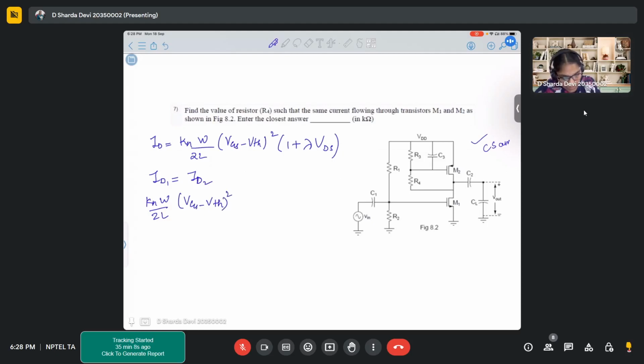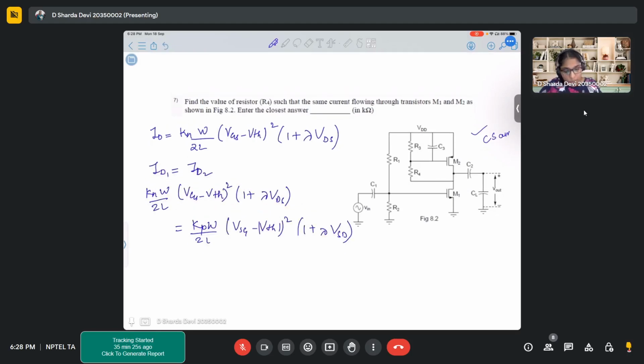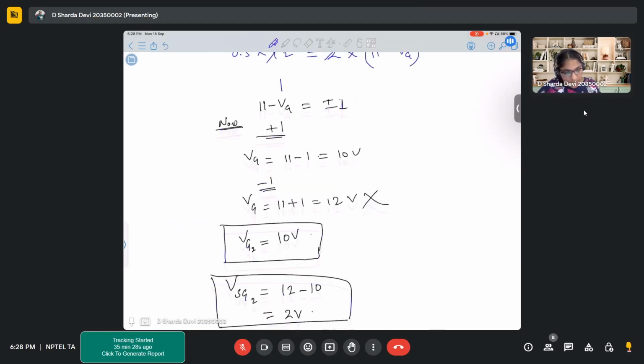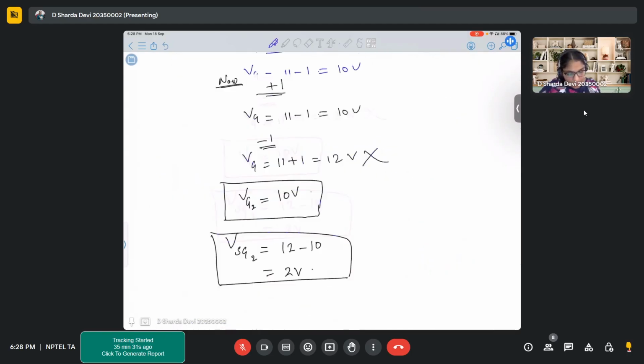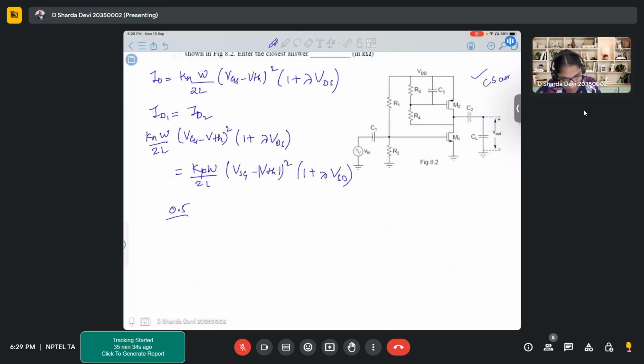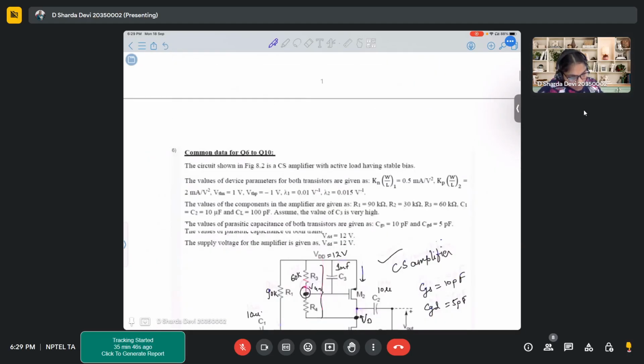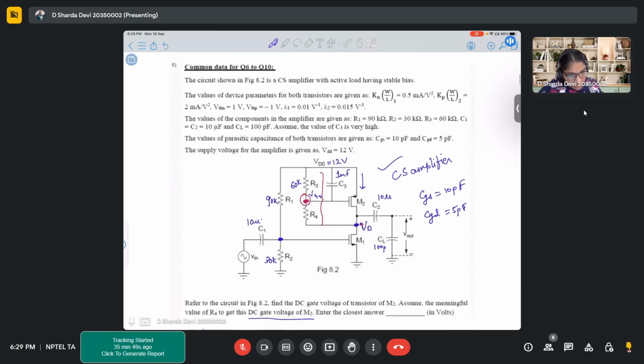Here we write: KN by 2 times (VGS minus VTN) whole square, 1 plus lambda VDS, equal to KP by 2 times (VSG minus VTP) whole square, 1 plus lambda VSD. It's given that, 0.5 by 2 into (VGS minus VT) whole square, 1 plus lambda.